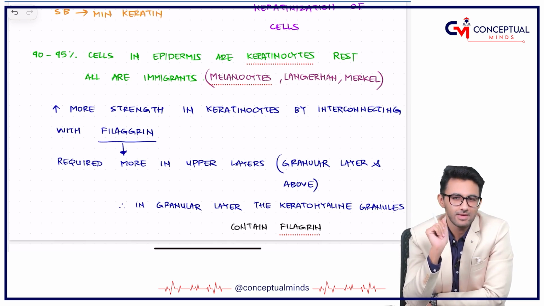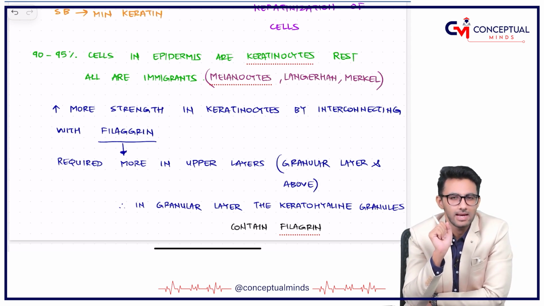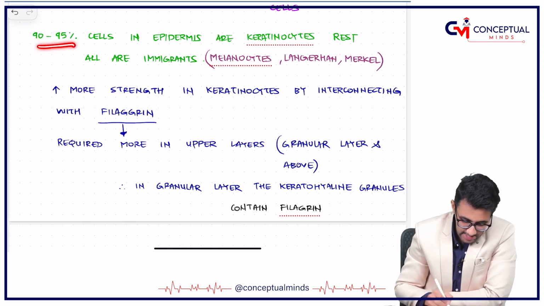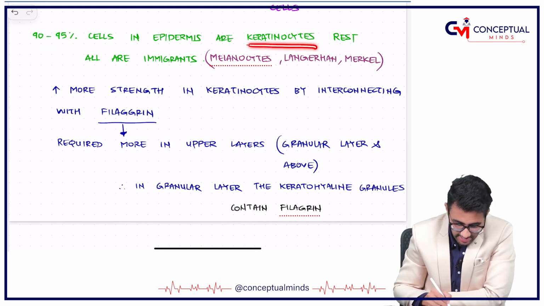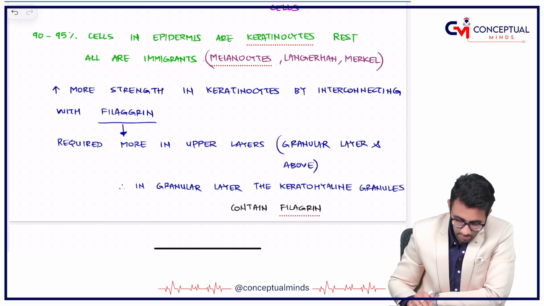You can think this way, it can help us know that the epidermis is mostly covered by keratinocytes, about 90 to 95 percent. So 90 to 95% of cells in the epidermis are keratinocytes, and the rest are all immigrants. We can remember it like this. Moving on to the next one.